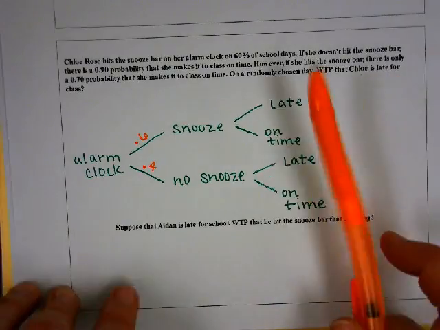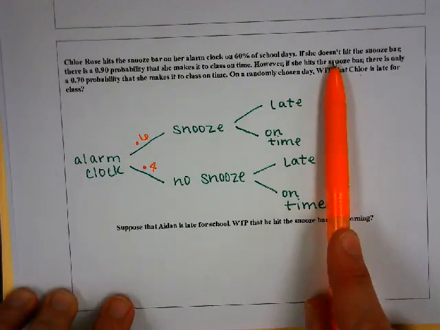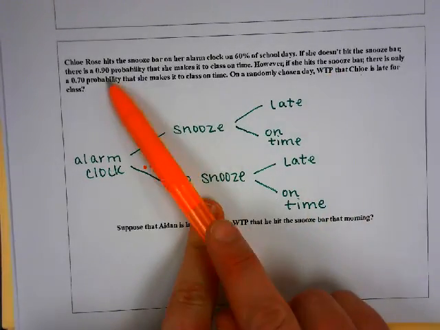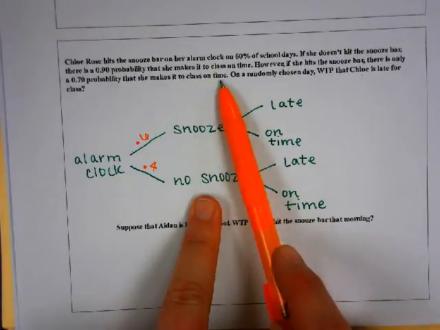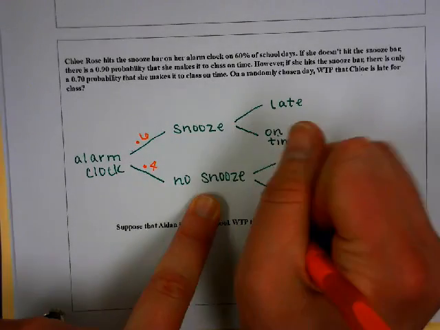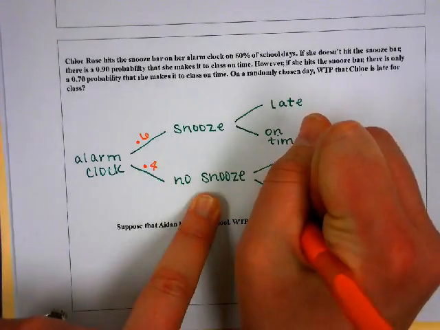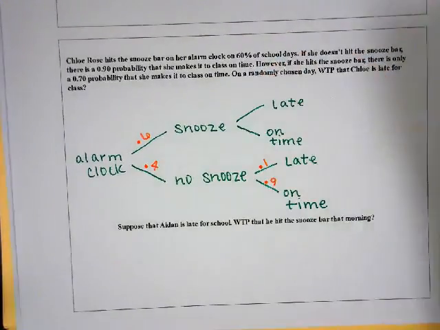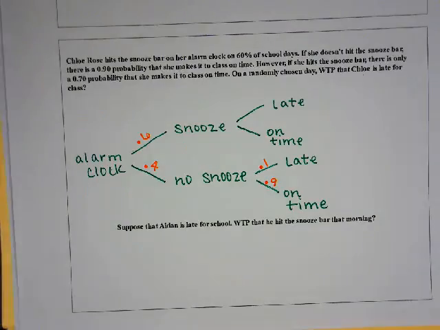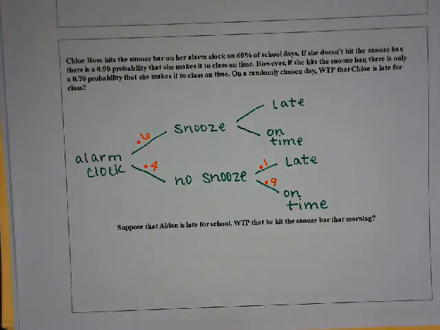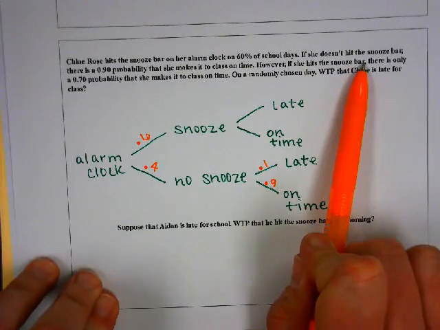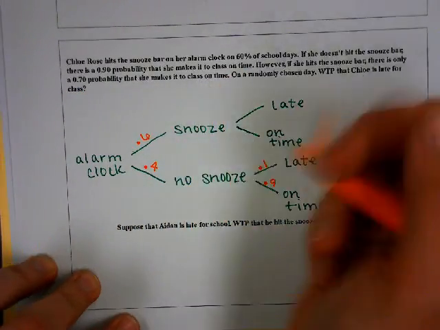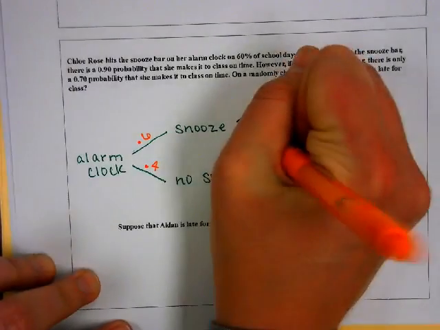It tells us that if she doesn't hit the snooze bar, so I'm down here at no snooze, there is a 0.9 probability she makes it on time. So this one is 0.9, she's on time, which means this is 0.1. It then says if she hits the snooze bar, there's only a 0.7 probability she makes it to class on time, which means that this would be 0.3.